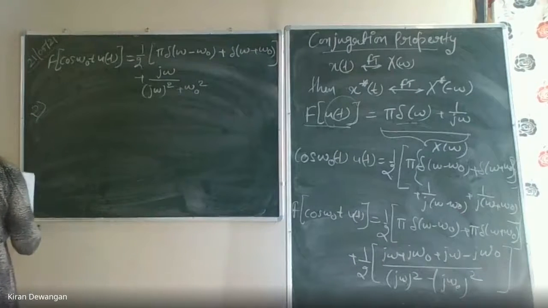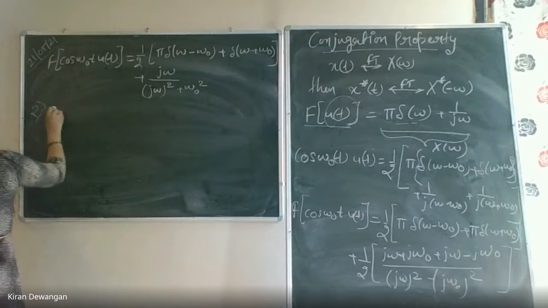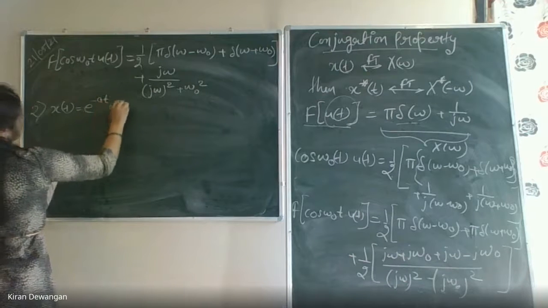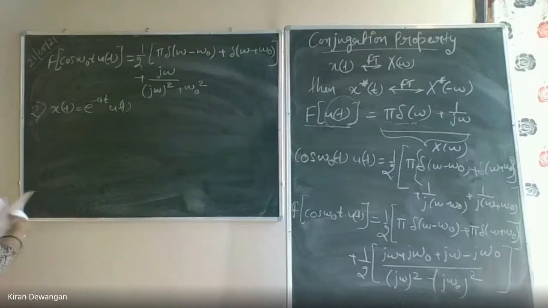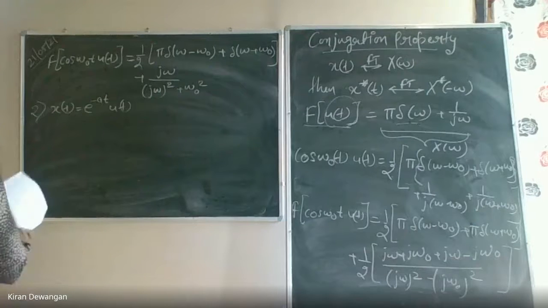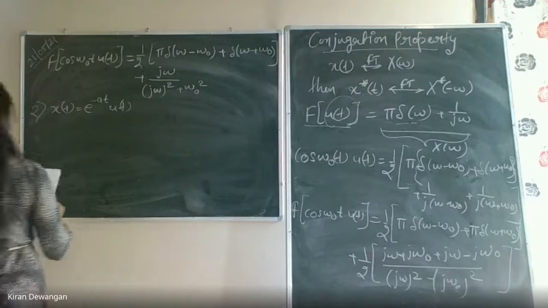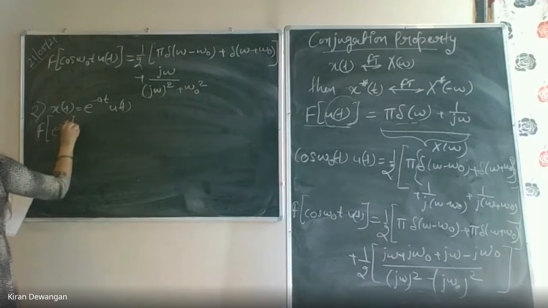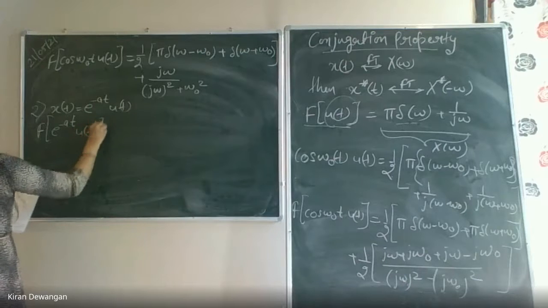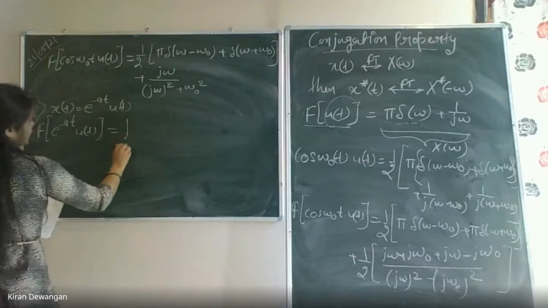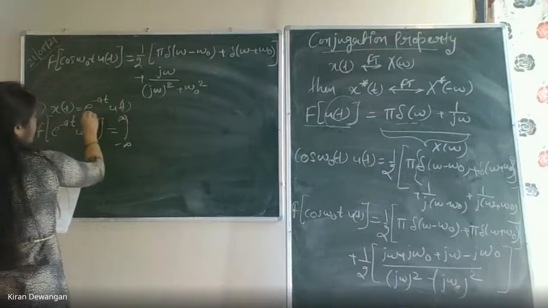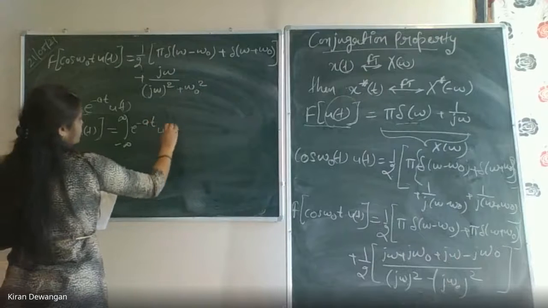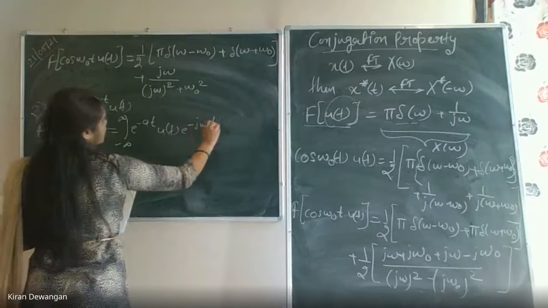Next question is, if x(t) is e to the power minus at u(t), then in that case we can directly find the Fourier transform of e to the power minus at into u(t), and it will be integration from minus infinity to infinity. x(t) is this one, e to the power minus at u(t) e to the power minus j omega t dt.